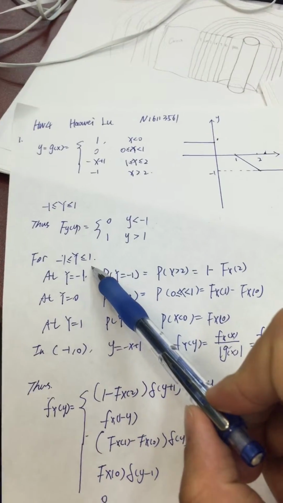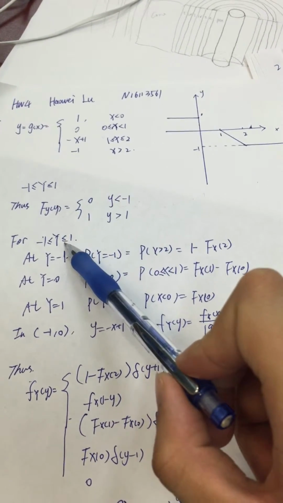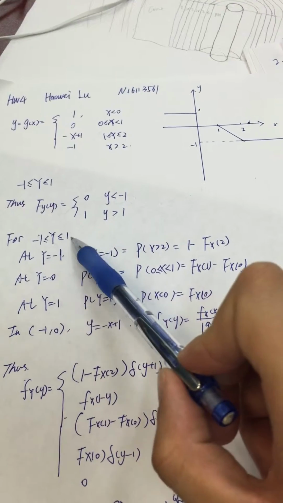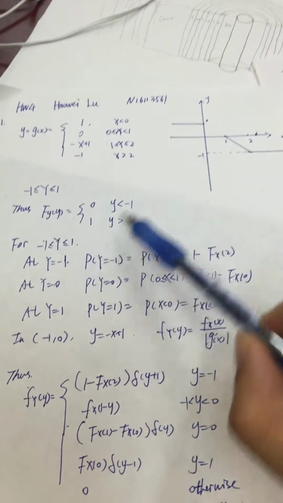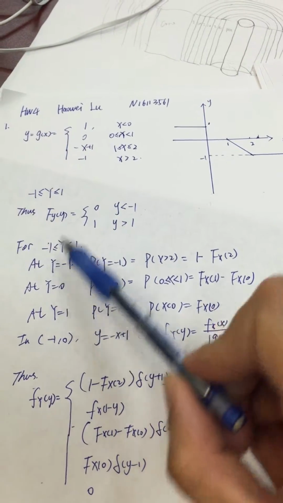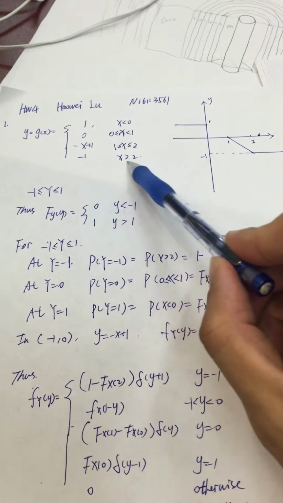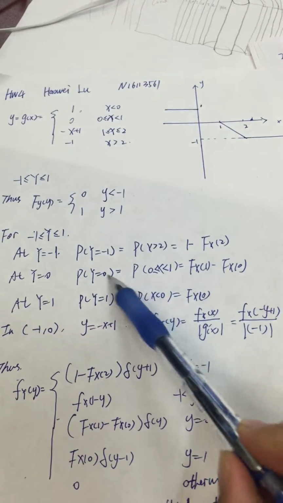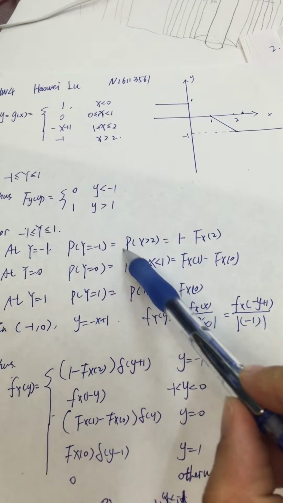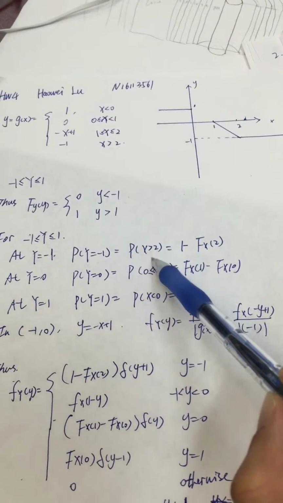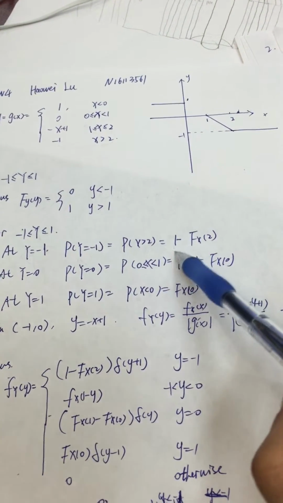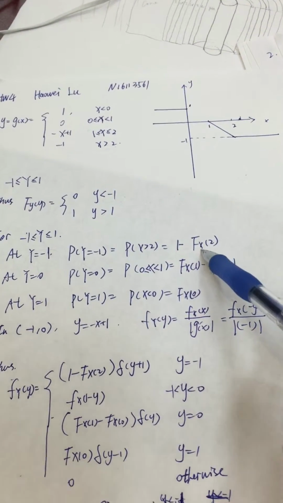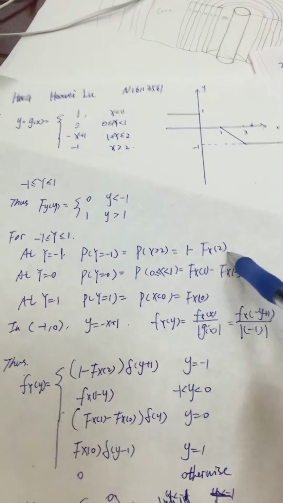And then for y greater than or equal to -1 and smaller than or equal to 1, at the point -1, x is greater than 2, so the probability of y equal to -1 equals the probability of x greater than 2. Then this equals 1 minus the distribution function of x at point 2.